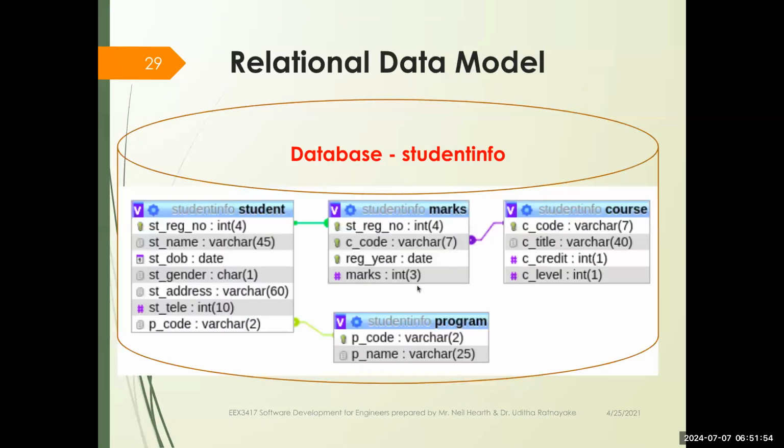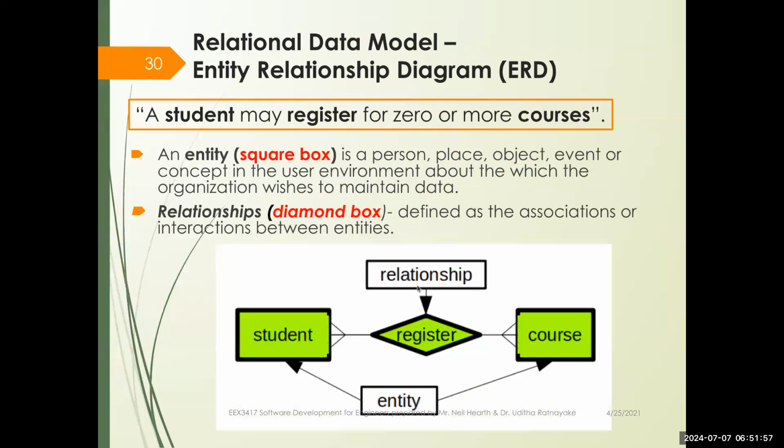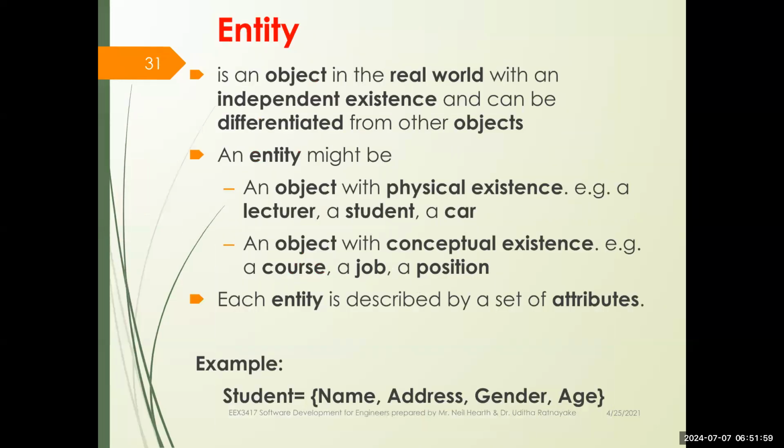Now ERD. Here you can see an entity is an object in the real world with an independent existence and can be differentiated from other objects. Actually, this is an independent existence. Student, course.